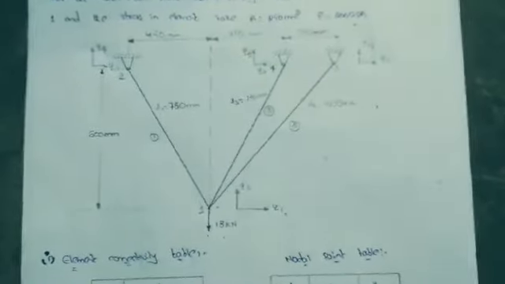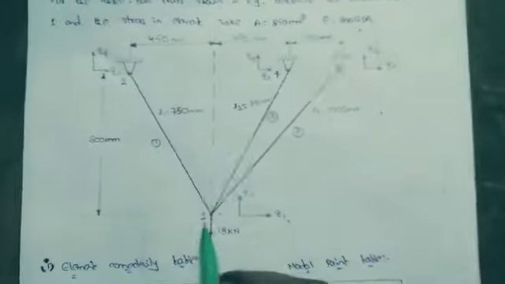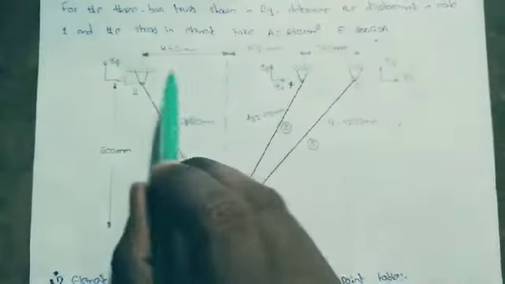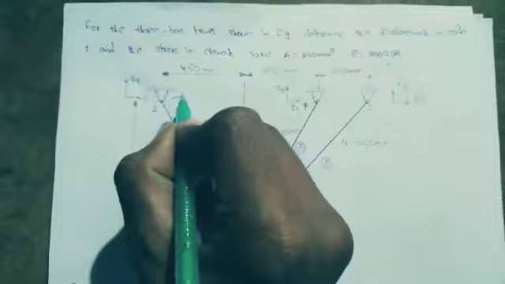After that, the nodal points table: you have to indicate the nodal points. Taking this as the origin, 0 comma 0. On the left side along the x direction it is negative, so minus 450 comma 600.